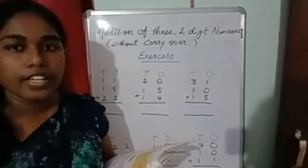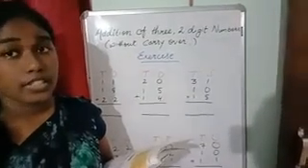So children, in the previous video we studied the addition of one digit and two digit numbers without carry over, and addition of two digit numbers without carry over. Today we are going to start addition of 3 and 2 digit numbers without carry over.